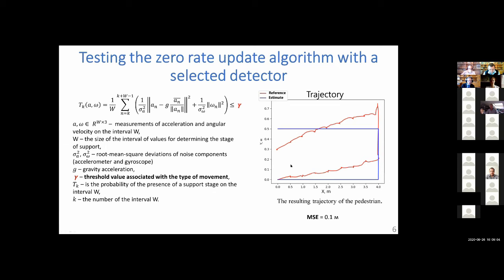And in the right part of the slide, experimental results are shown: the blue line is an etalon trajectory, and the red line is the trajectory obtained with our method, which slightly differs from the etalon trajectory.